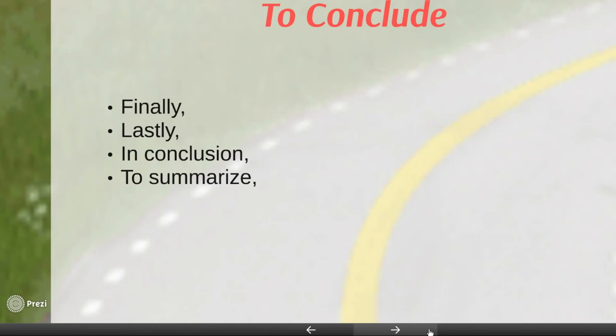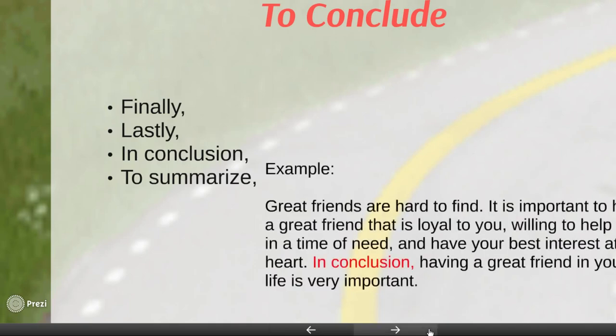Okay, so finally, you would use transition words to sum up your paragraph or your idea in a sentence. So you would use words such as finally, lastly, in conclusion, to summarize. Here's an example. Great friends are hard to find.